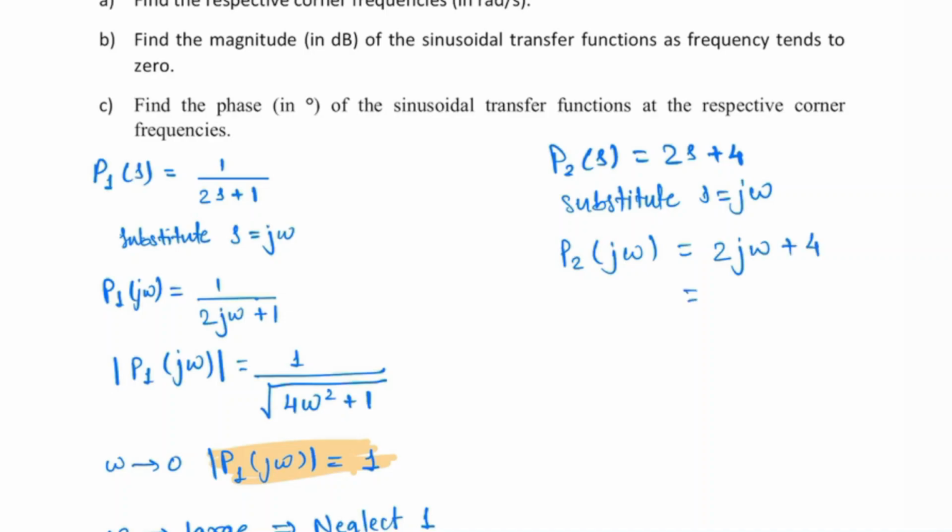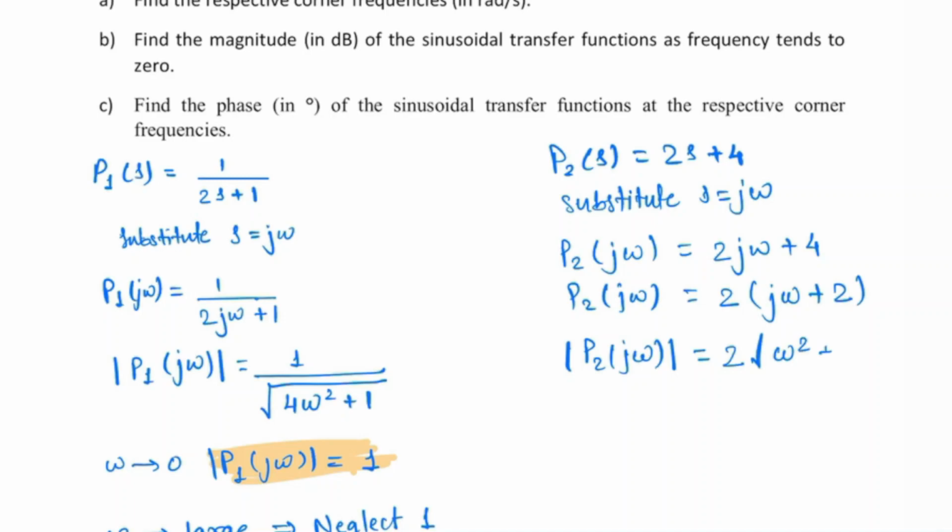You can take 2 common here. If we take the magnitude, 2 will remain as it is, and we have square root of omega square plus 4.